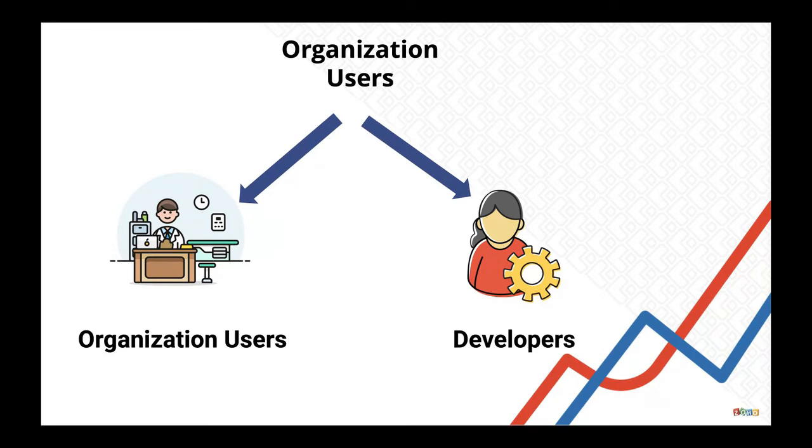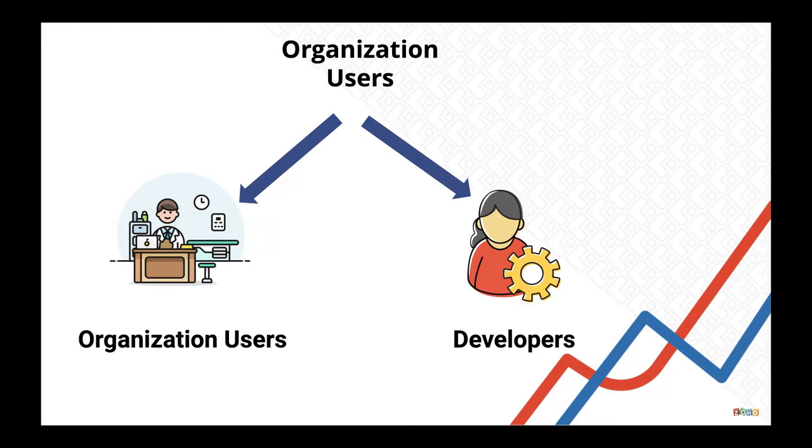And the organizational users are the users who have access to the application only in live mode. Their function is just to use the application the way it is intended, and they can view the data, they can add data to it, they can do the data access operations, but they won't be able to edit the application like the developers do.